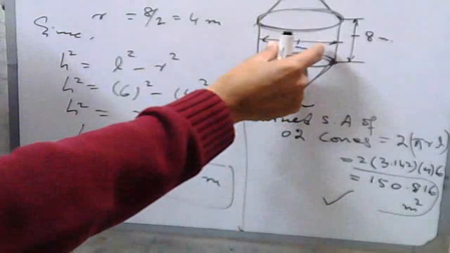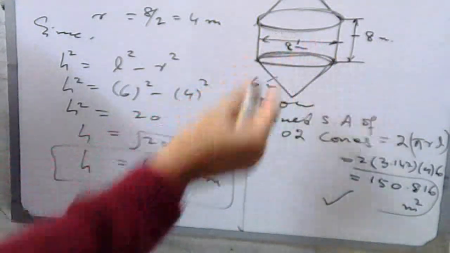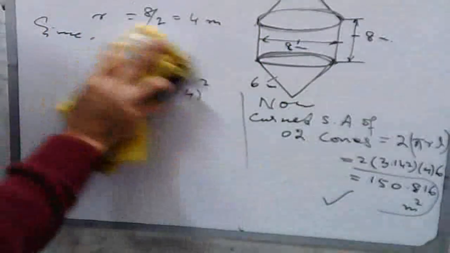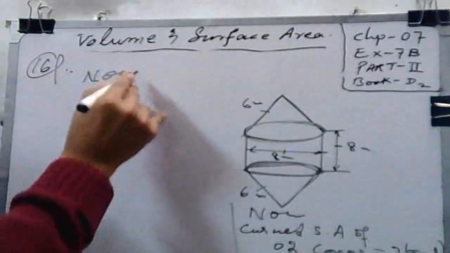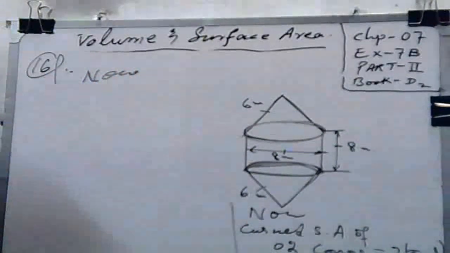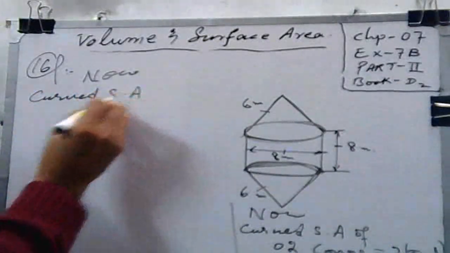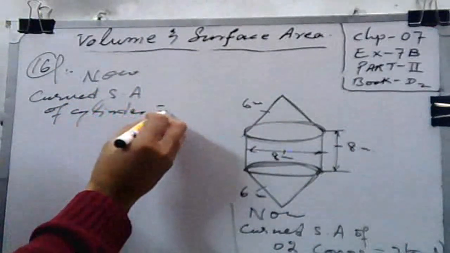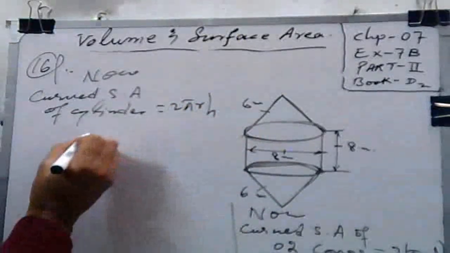That is for the two cones, but we need the value of curved surface area of the cylinder also. Now we have to find the curved surface area of the cylinder, then we can add them to find the total surface area. Curved surface area of cylinder is equal to 2 pi r h.